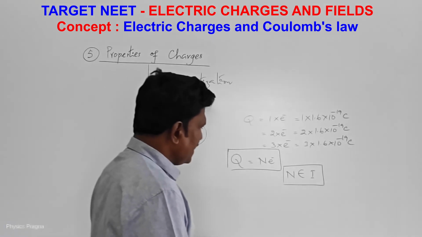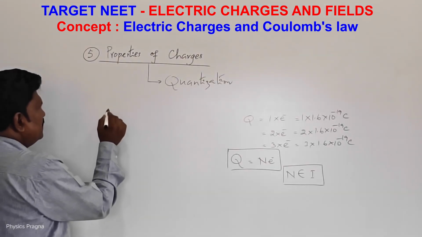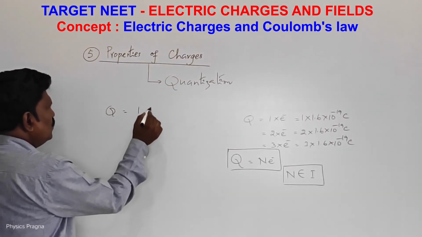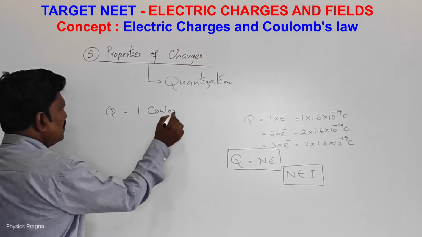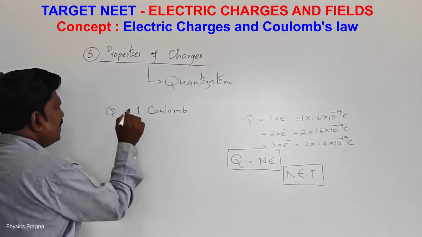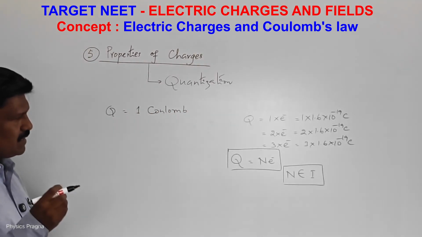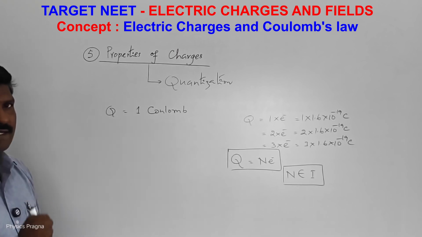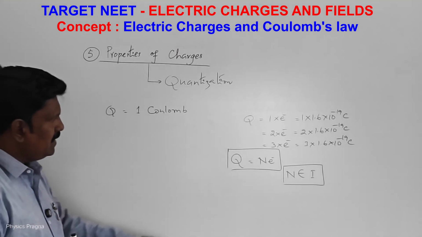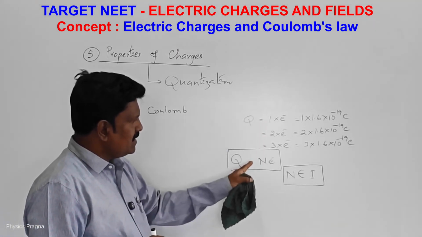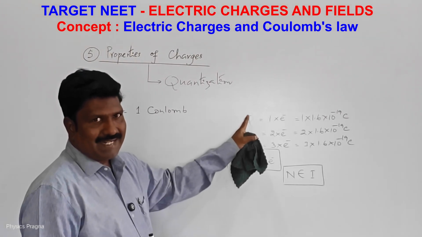Suppose, for example, I want 1 coulomb of charge. Coulomb is the SI unit of charge. If I want to give 1 coulomb of charge, how many electrons do I have to supply? If I am supplying electrons, the charge of the body goes on rising.